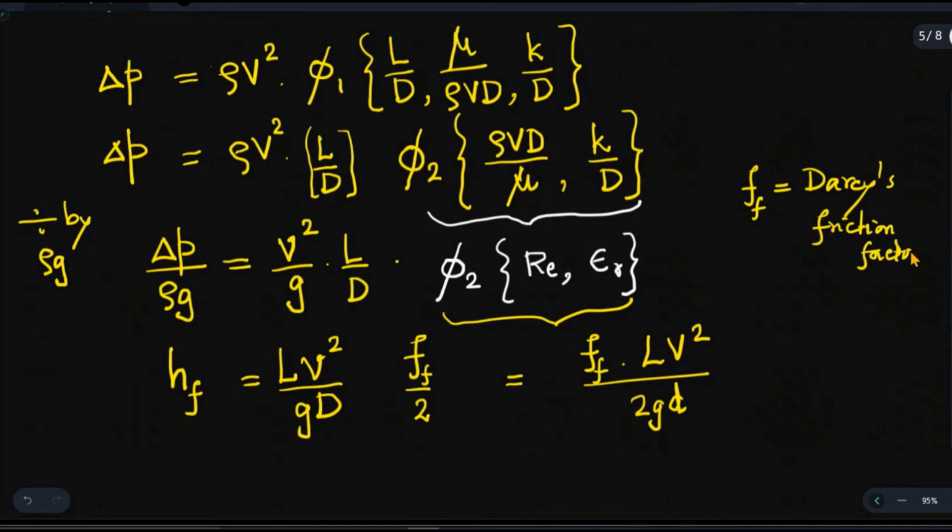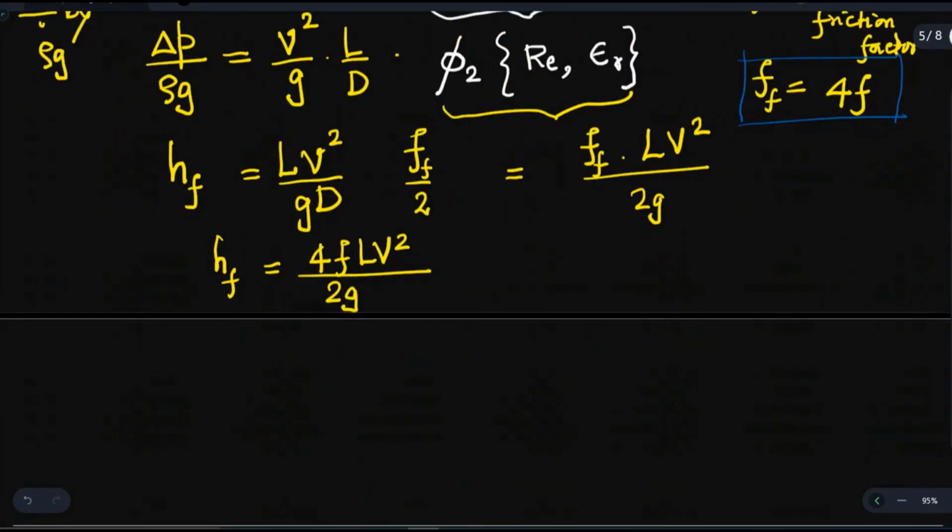Usually, for Darcy's equation, we write Darcy's coefficient of friction, and f_f is 4 times f. So when you use this relation, f_f is equal to 4 times f. So our final relation is h_f equals f_f L V squared over 2GD. So this is Darcy's equation.